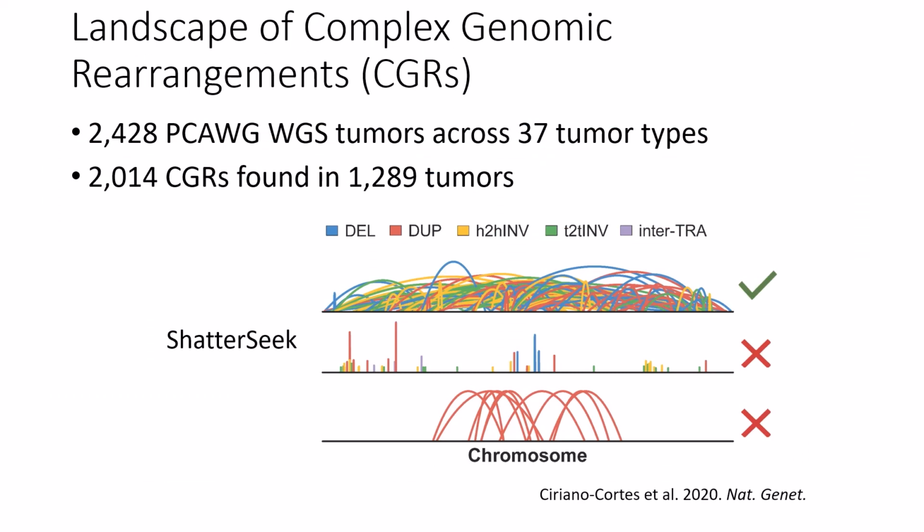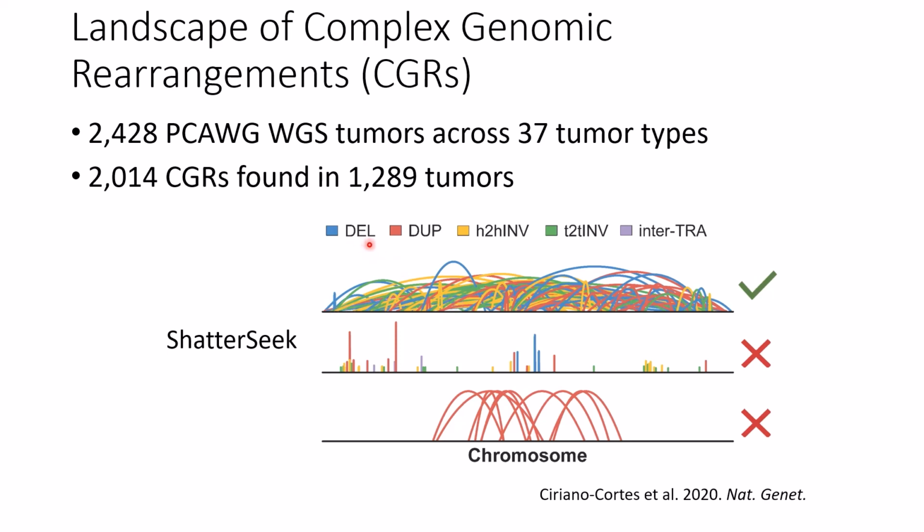To detect this kind of complex rearrangement from whole genome sequencing data, our colleague Isidro Cortés-Ciriano developed an algorithm called ShatterSeek. Basically, it's looking for a pattern like this: a lot of rearrangements on one or a few chromosomes with a crossing pattern of the breakpoints.